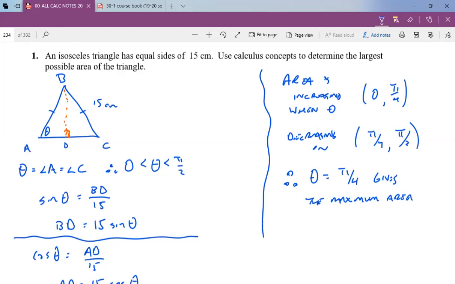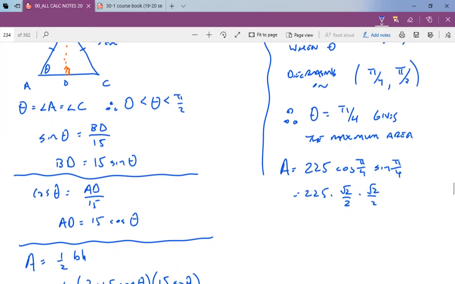So area is equal to 225 cos pi quarters times sine pi quarters, which is equal to 225 times root 2 halves times root 2 halves, 225 times 2/4, 112.5 square centimeters.